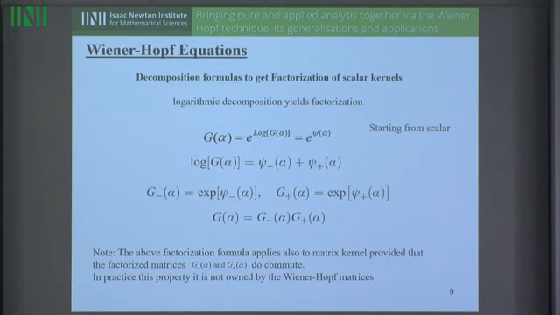We can apply this technique easily to scalar kernels, but we can generalize to matrix kernels when the matrices G minus and G plus commute between each other. And this property is not just for Wiener Hopf matrices, but is a general mathematical property.